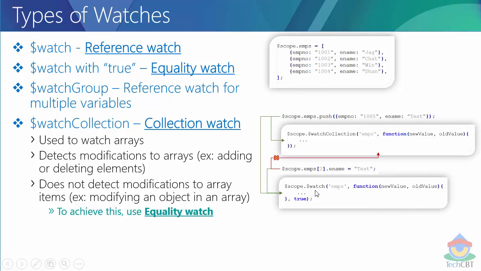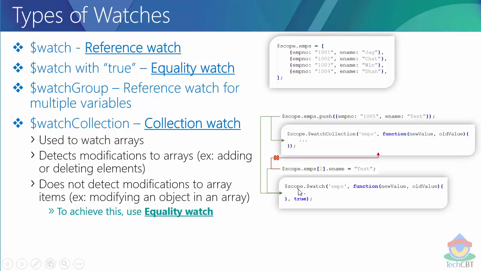But still you can achieve both. I would like to have the $watchCollection and also every particular property name and value, whenever they get modified, I would like to know it. If such is the case, you can still use the watch with equality watch. You can still provide EMPs, but as you provide true, it knows that it has to go to the content and nested content, the nested objects and arrays, and all the properties and all the values.